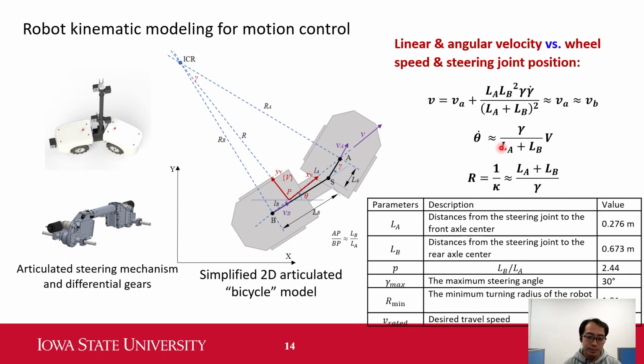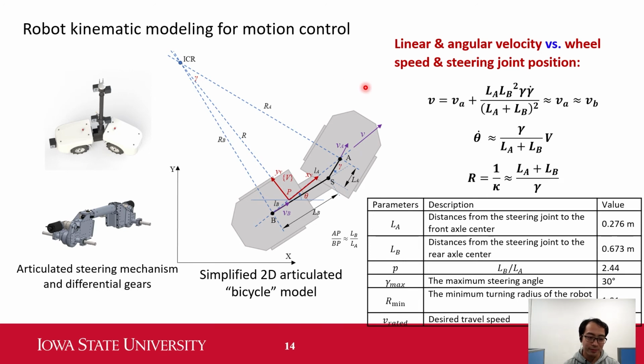So next would be the kinematics, the modeling for motion control. Since our robot doesn't drive very fast, we only consider the kinematic model of the robot. The body is quite special, so we developed our own model.